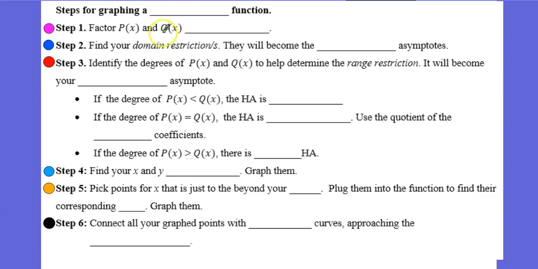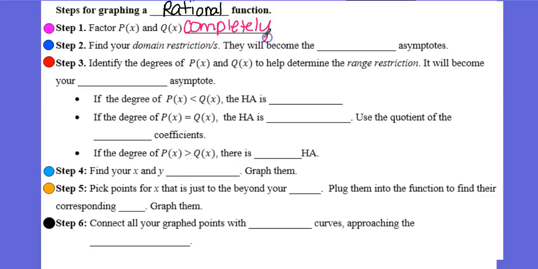So let's go through the steps that are going to help us to answer this crazy function. We're graphing a rational function, and be ready with your colors. I'm going to do my first step in fuchsia. The instructions for step 1, which you don't always have to do because step 1 isn't always needed, is to factor the numerator, the P of x, and the denominator, the Q of x, completely.